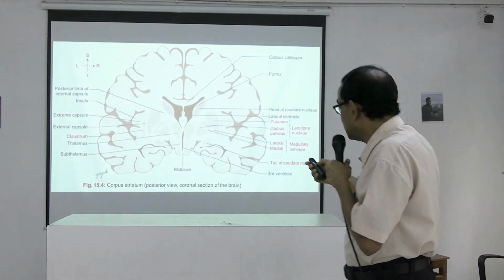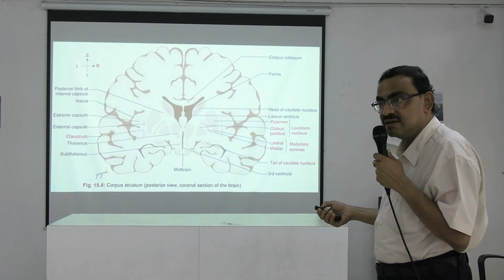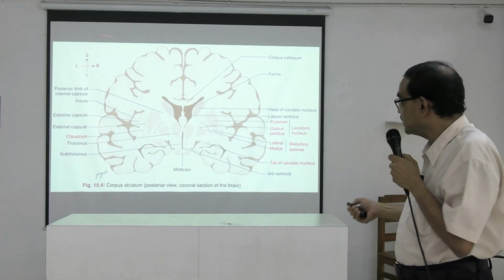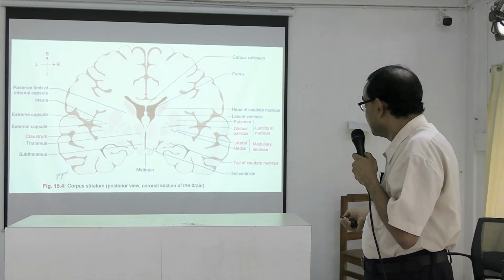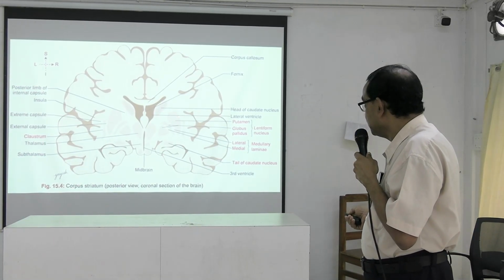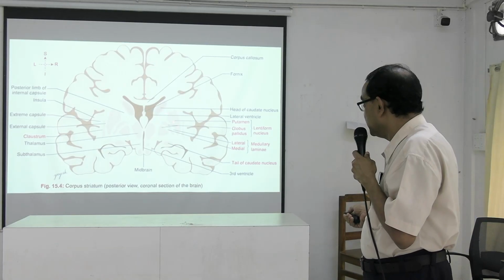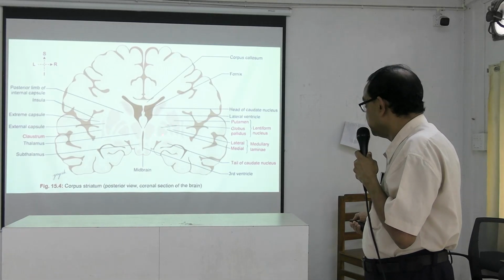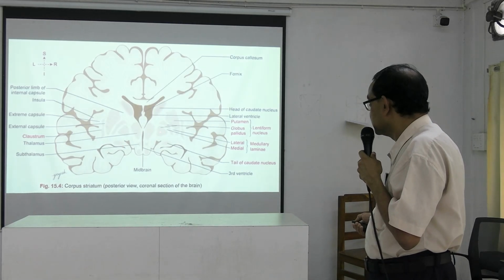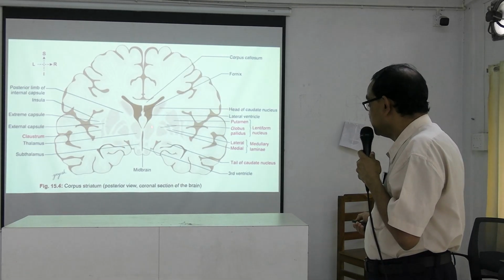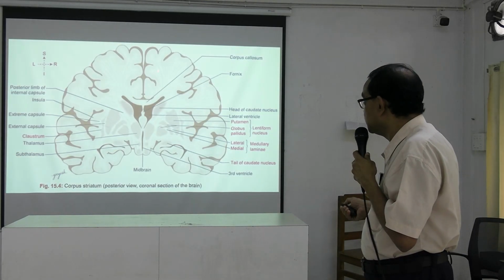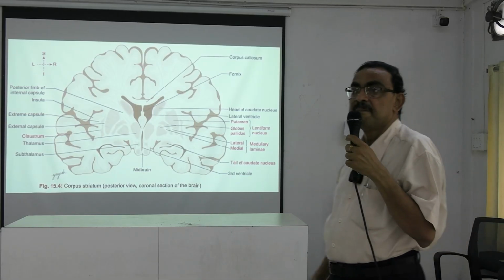But that movement will be monitored or coordinated by these basal ganglia. Because from the cortex, it will reach the putamen. Again, from there, it will reach the medial part of the globus pallidus, and that will be integrated, and ultimately it will come to the thalamus, and ultimately reach the cerebral cortex.